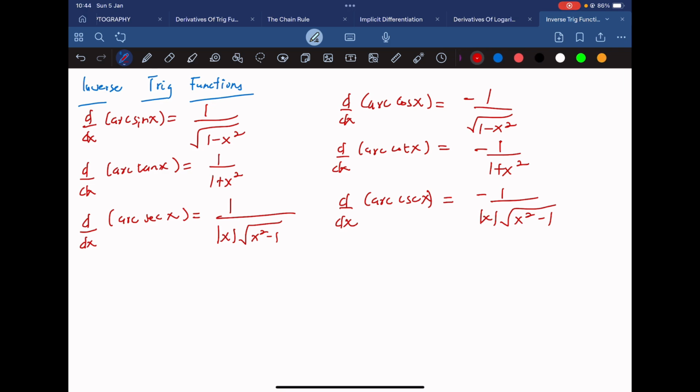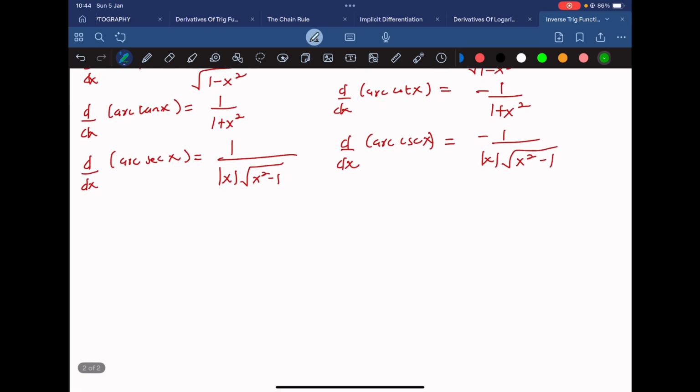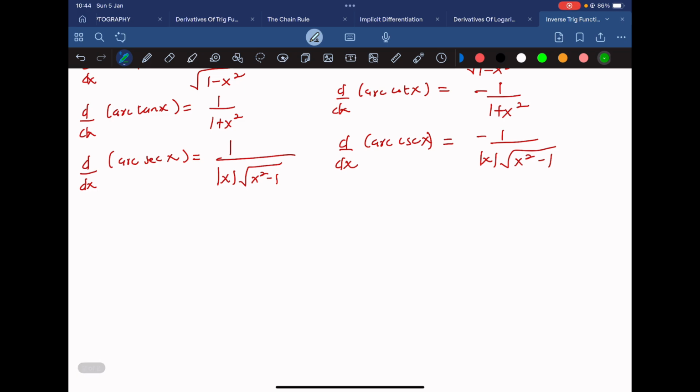So let's look at the first one. We have to use reference triangles to find the angles.